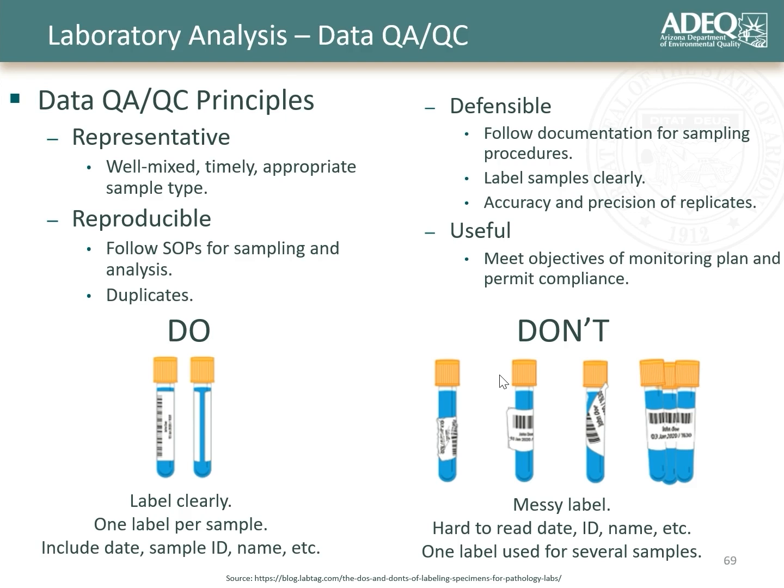Also, make sure that you label your samples clearly. The labels include the sample name, the date, and the name of the person collecting it. Everything should be extremely legible. Otherwise, there could be confusion at the laboratory. The important thing is to make sure that this is defensible data and also very useful data.